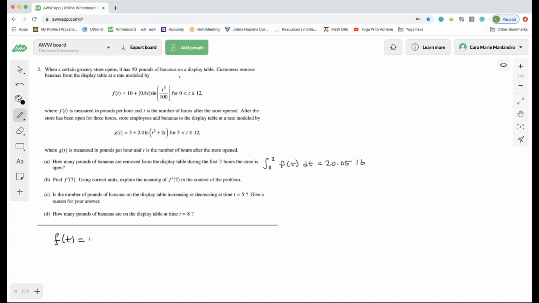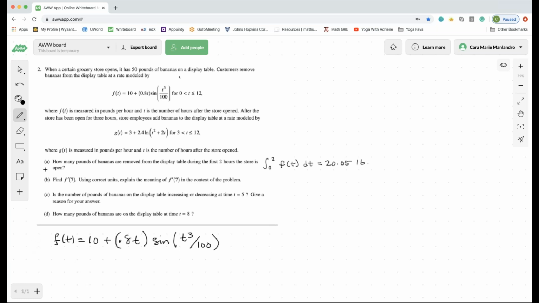So f of t is 10 plus... I used the calculator. In the same way, you would not be expected to integrate that by yourself. It's a pretty complicated function. You will be expected to differentiate by yourself, though.